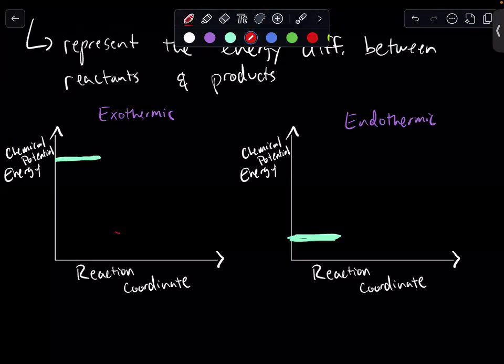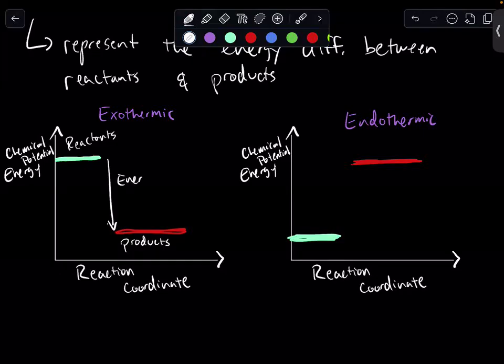And in exothermic, our reactants lose that energy. So our products are going to have lower energy than our reactants. And endothermic, our products are going to have higher energy than our reactants. So as we draw this, we're going to have reactants, products, and this is going to be our energy released.